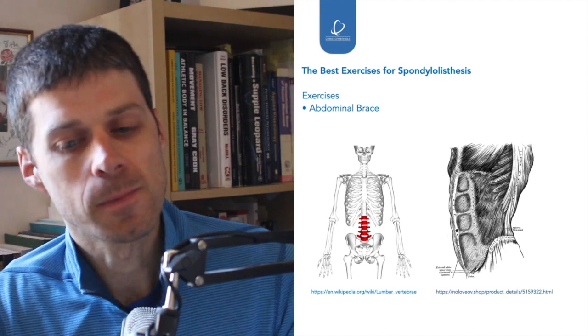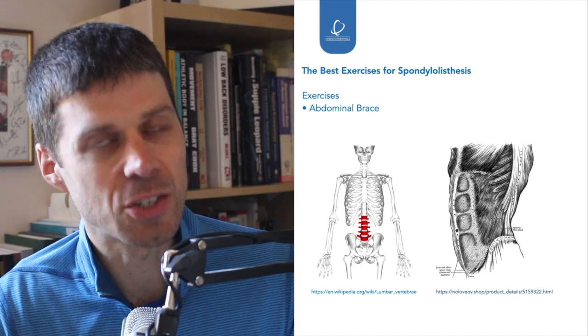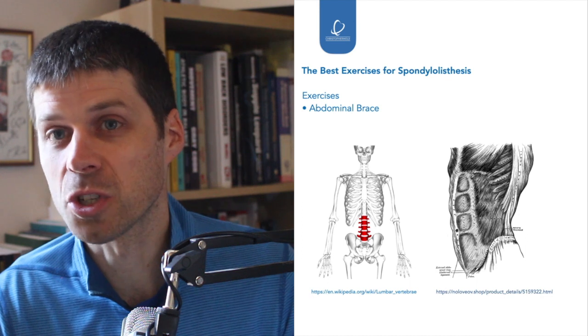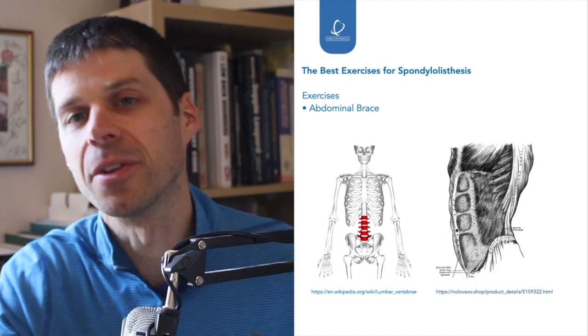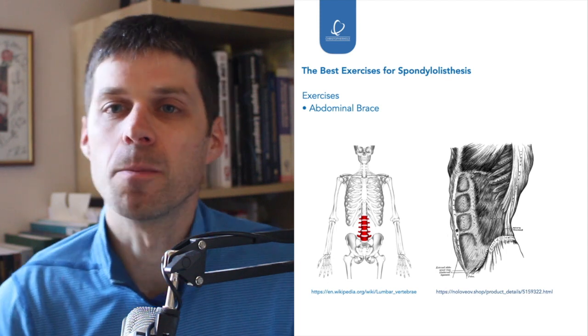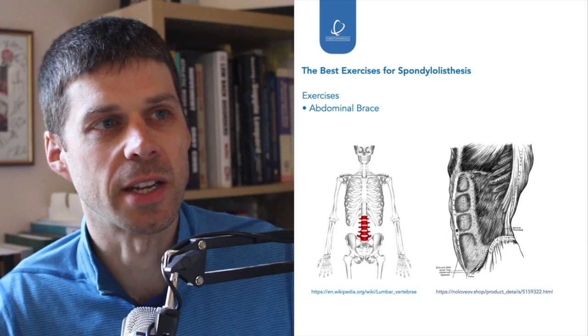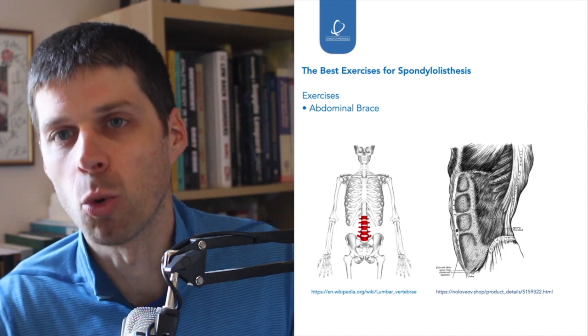Now, with regards to spondylolisthesis, there is a degree of build-up to it, but there is also, if you just go into the wrong position, it can just slip out and it's going to cause you pain. So whether it's moderate movement, whether it's extreme movement, I would recommend using the abdominal brace to hold it in place.